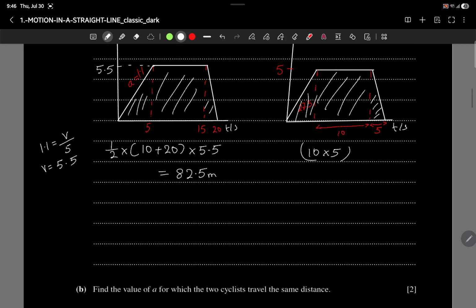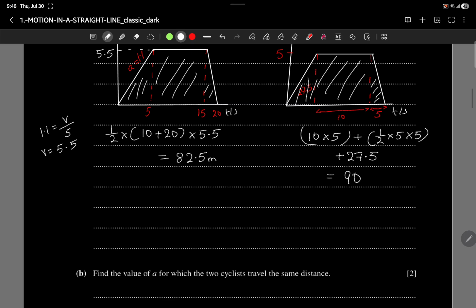5. So 10 into 5 plus half into base into height, 27.5. So let me add these values. We get 90.